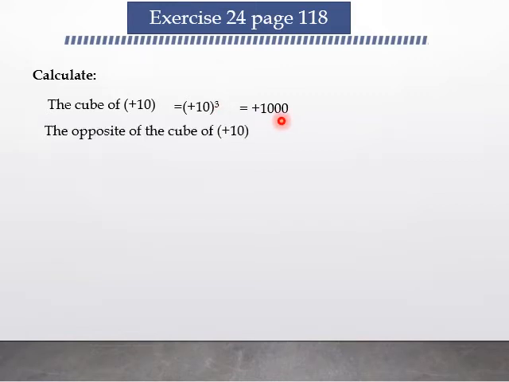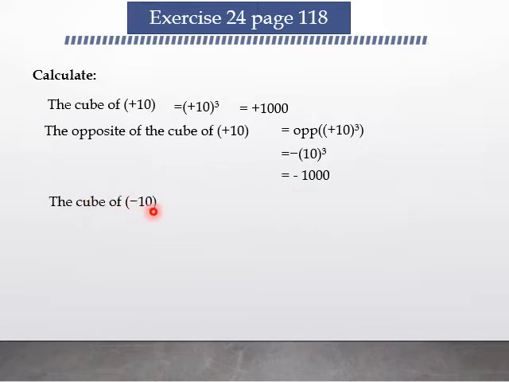The opposite of the cube of plus 10: since the cube of plus 10 equals 1000, the opposite is the opposite of 1000, which is minus 1000.